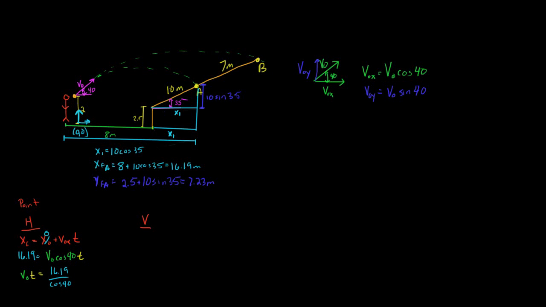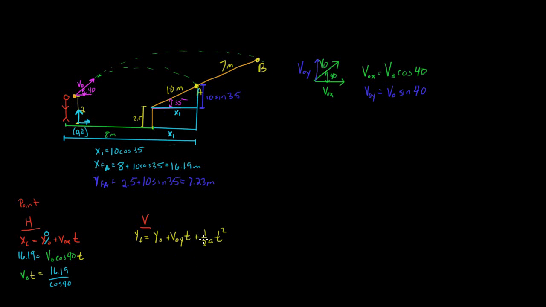Likewise, like we have a final x position here, we have a final vertical position here that we just found. This final vertical position is equal to an initial position plus velocity in y times a time plus 1/2 times the acceleration times time squared.